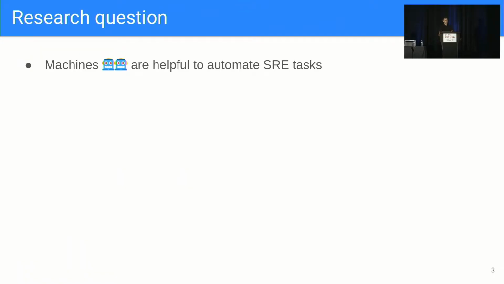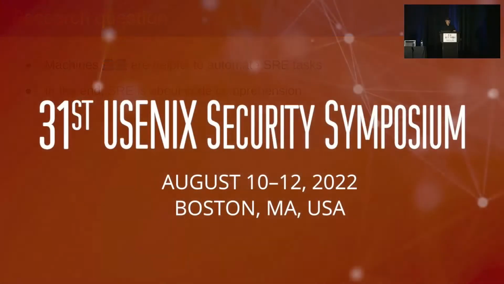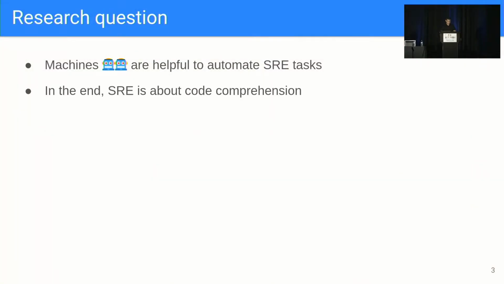Okay, so computers are very helpful for human beings in order to automate the reverse engineering task, but in the end, reverse engineering is about code comprehension, and therefore it is a matter that human beings are necessary in order to complete this task.